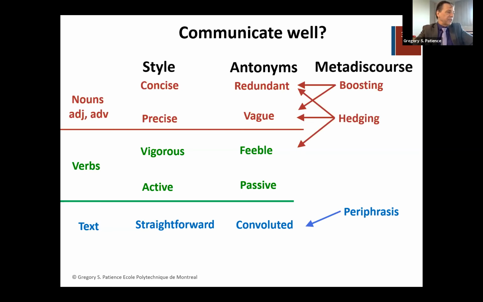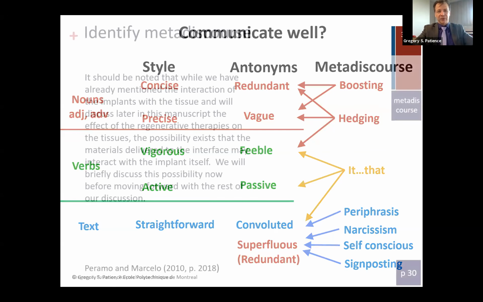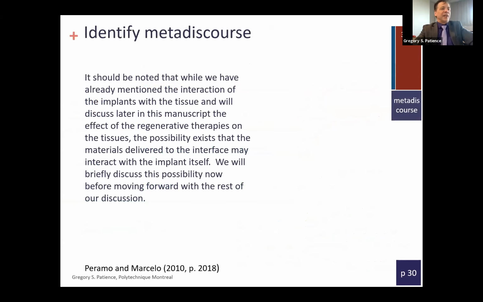Convoluted is periphrasis. And the narcissism, self-conscious, and signposting is convoluted. It's superfluous. And then we have the "it, that" construction, which is, again, feeble, passive, and convoluted. So these are the learnings that I'd like you to remain with you.